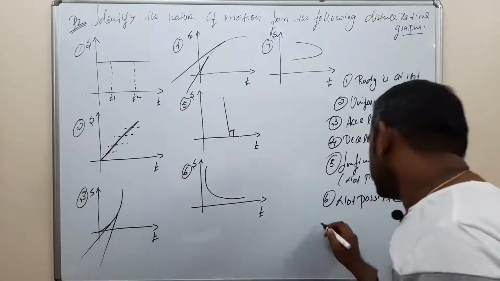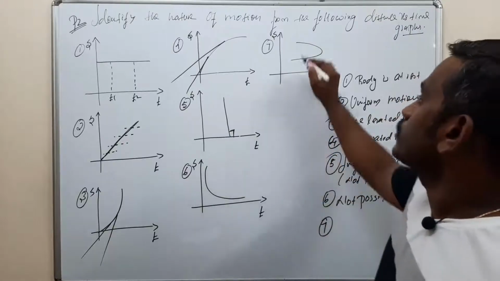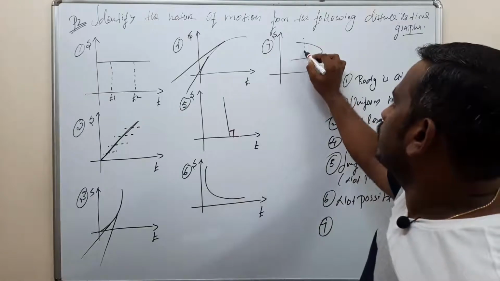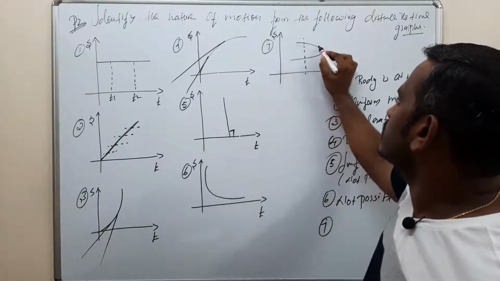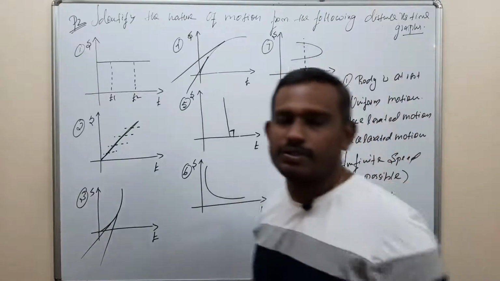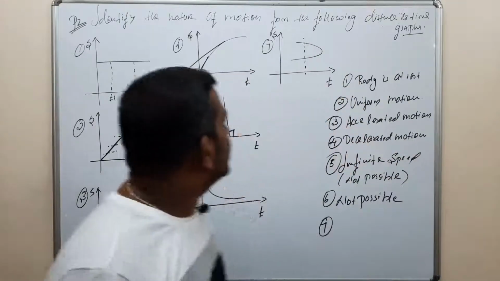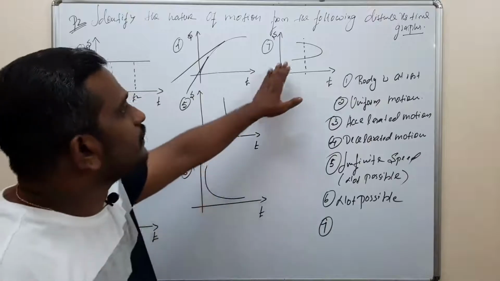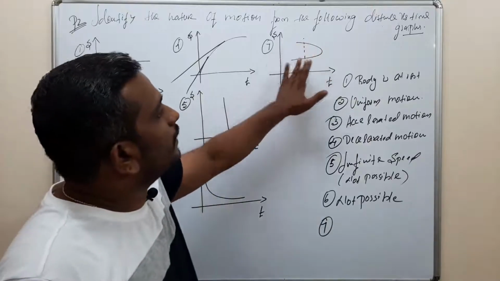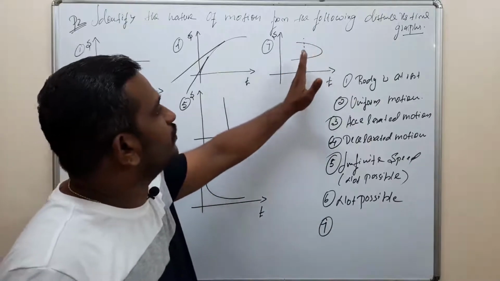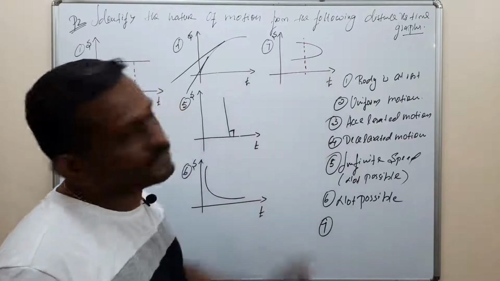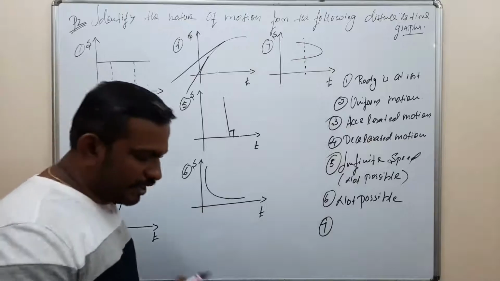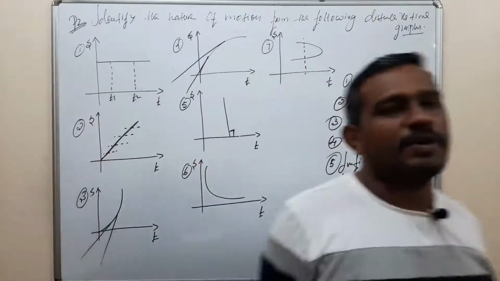Then seventh one. For a particular instant of time, the body covers two distances. This graph shows that at a particular time the body covers two distances. In a one-dimensional motion, it is not possible.